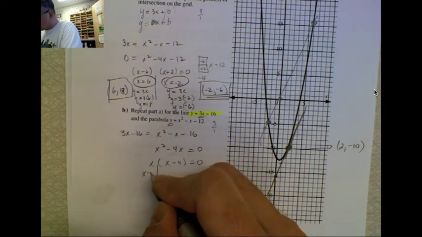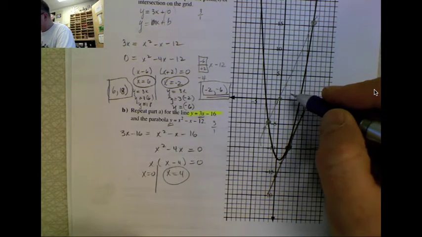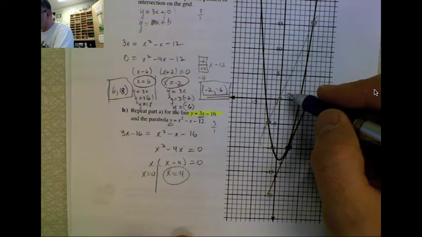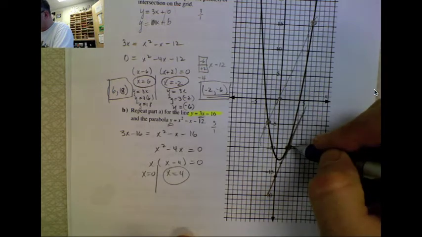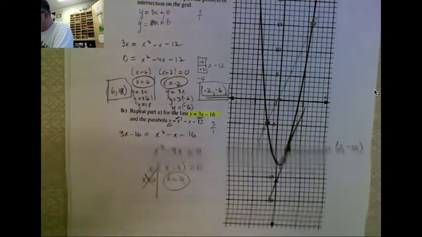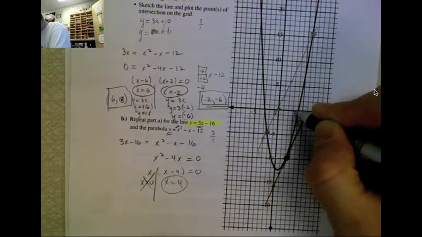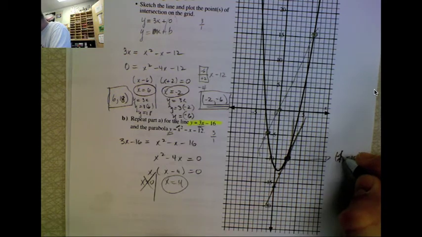So I get x equals 0, and I get x equals 4. Well, we know x equals 0 isn't going to work, because we don't have x equals 0 on this, but it says x is 4. Okay, and actually you're right. If I look at this point of intersection, it's not at 2, it's at 4.